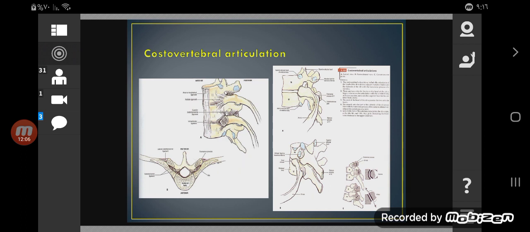All right. We've got here the fibrous capsule and the synovial membrane.